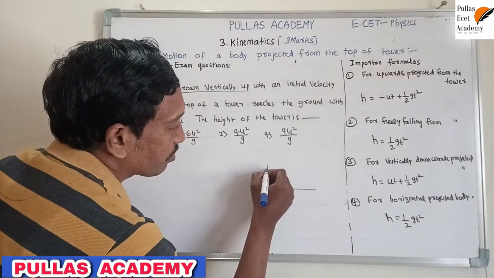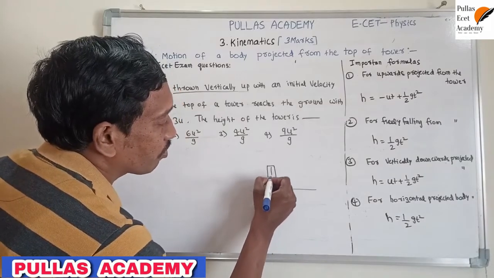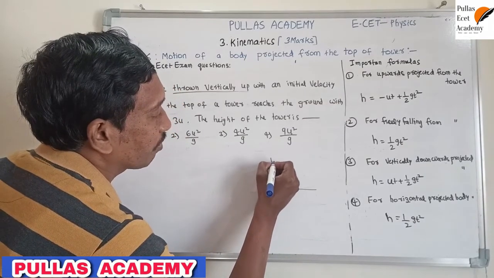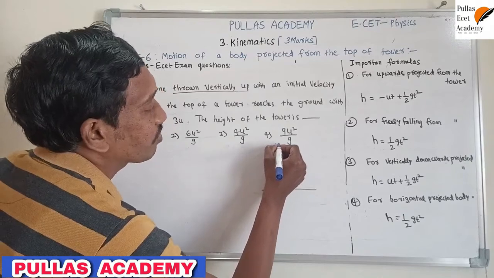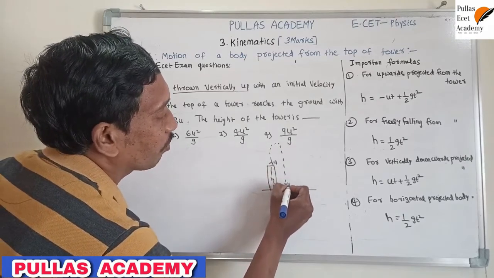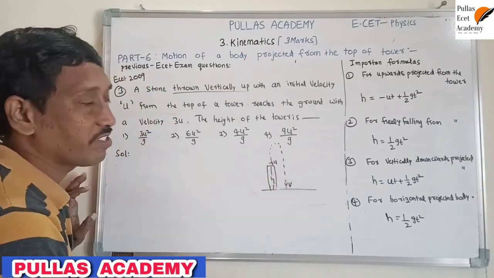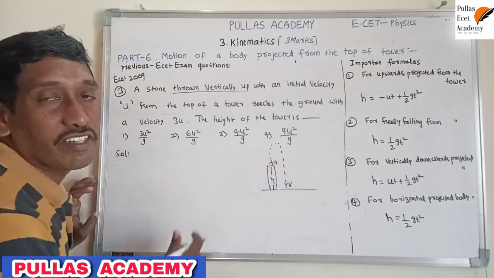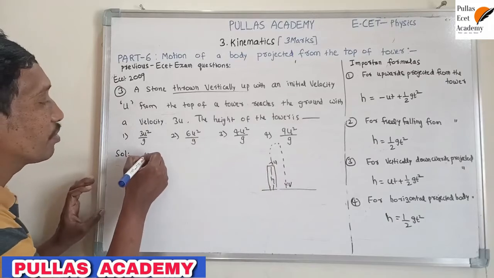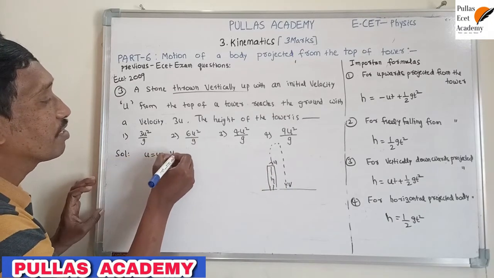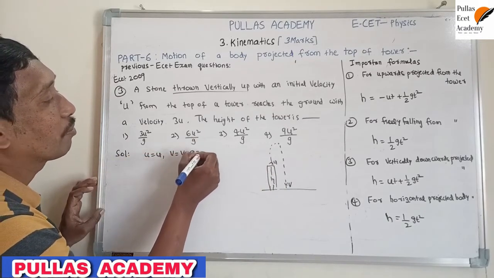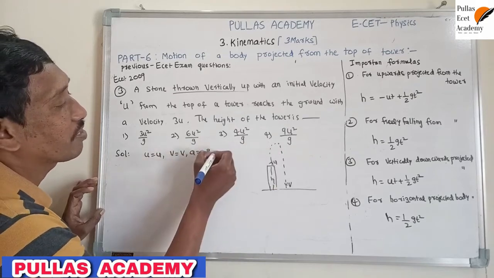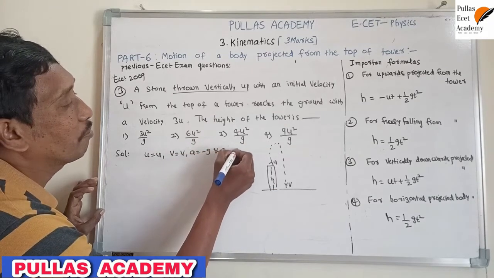For example, this is the top of the tower. Listen carefully. It is projected upwards with velocity u, reaches a height, and finally reaches the ground with velocity v. These two velocities are given. The displacement between these two points is minus h. Given values: u is equal to u, v is equal to v, a is equal to minus g since it is projected upwards, and displacement s is equal to minus h.